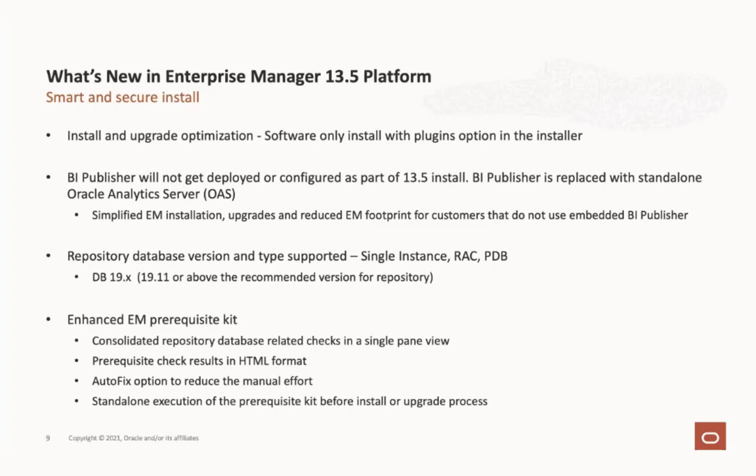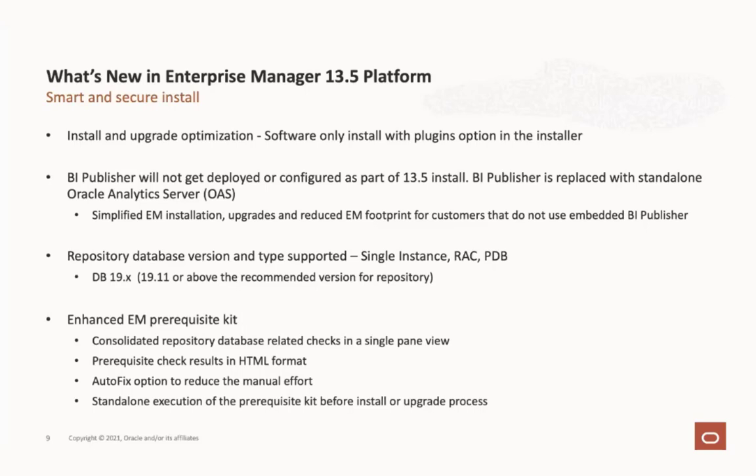And one of the other important things that we have done with respect to 13.5 is we have reduced the footprint of the software itself by removing BI Publisher from our software stack. Starting from 13.5, when you deploy or upgrade Enterprise Manager to 13.5, you will not see BI Publisher embedded with the software.